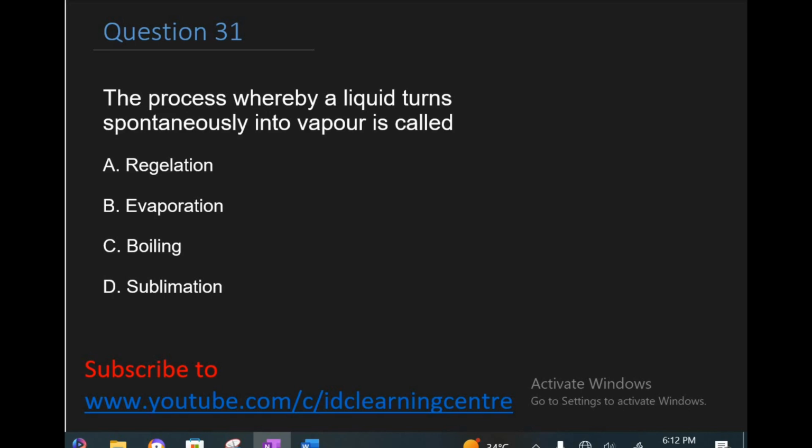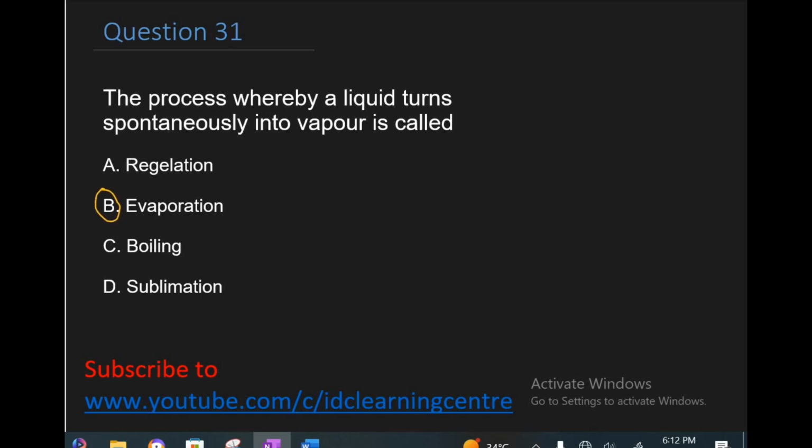It's simply the process whereby a liquid turns spontaneously into vapor. Boiling is different. Sublimation talks about a solid turning directly into gas. Melting is a body turning from solid to liquid. And then regulation there. So the correct answer for this question is option B.